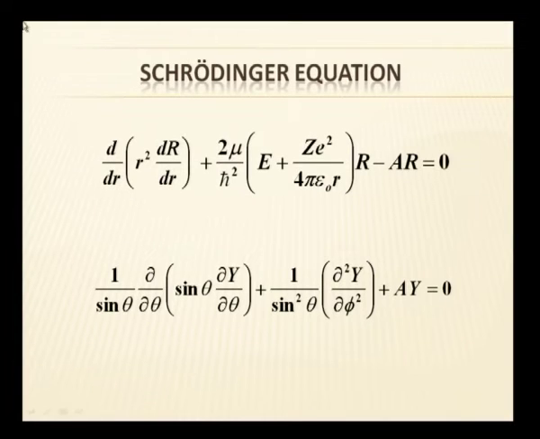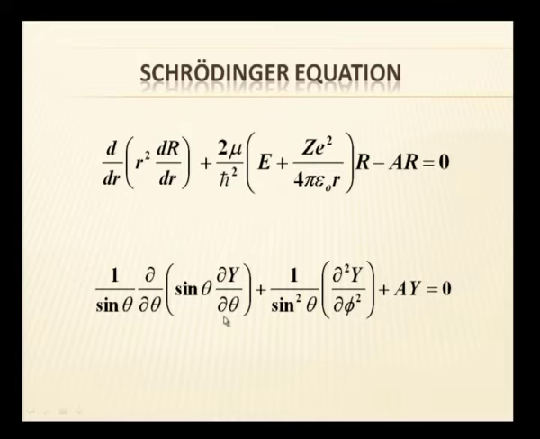What is r? r is the distance separating the electron and the proton in the hydrogen atom. That is the radial part of the Schrodinger equation, whereas the angular part is given as follows. This depends upon theta and also phi.